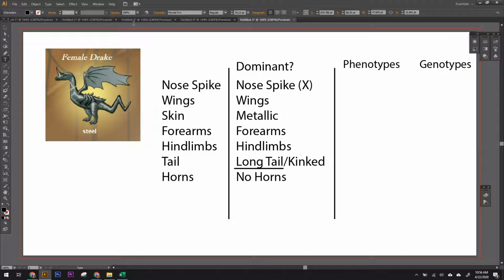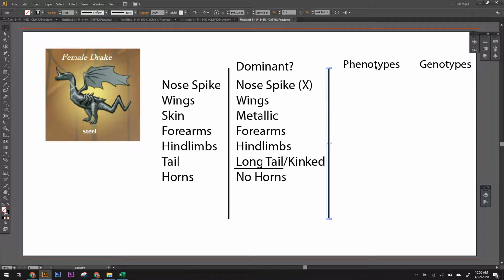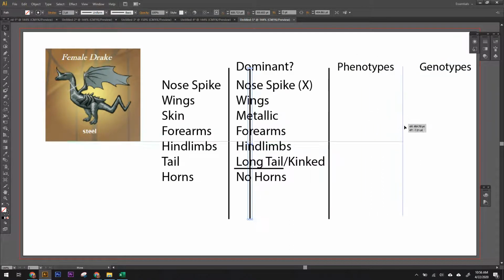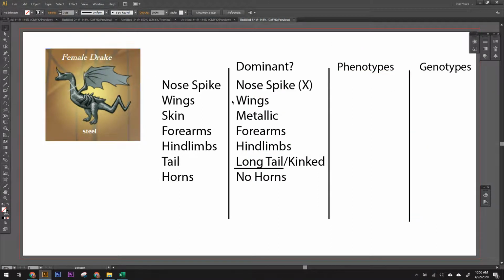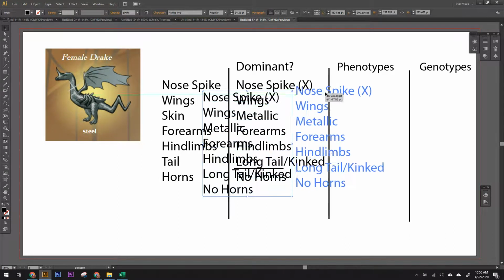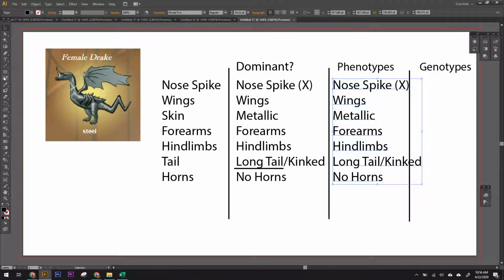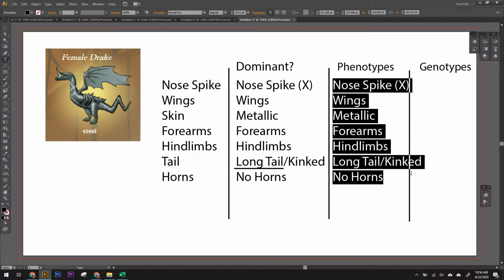So if we were in class, I would have you do this as a worksheet. I can't force you to create your own chart like this. I just think it's going to be incredibly useful for figuring out what the genotype of the mother drake is. Okay. So her phenotypes.